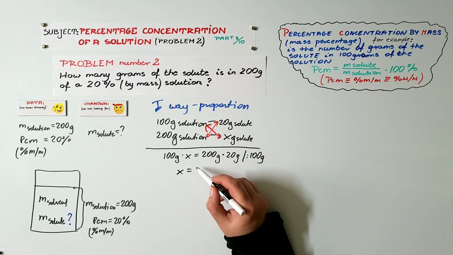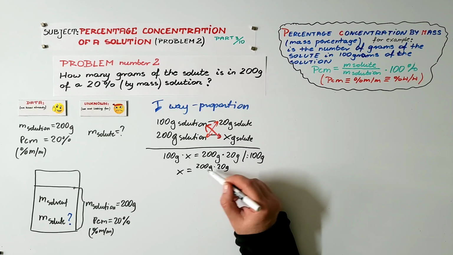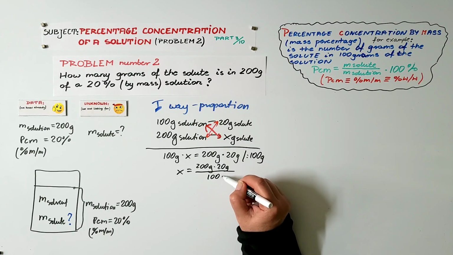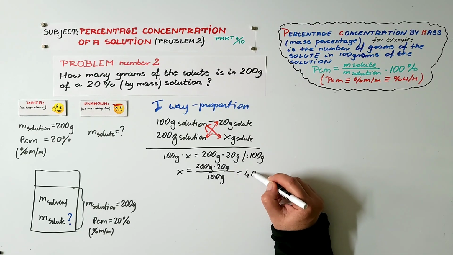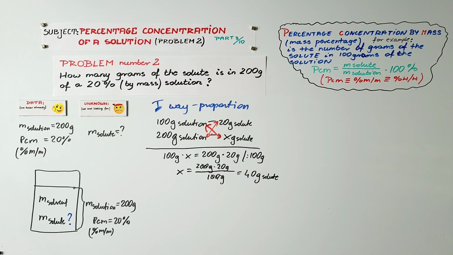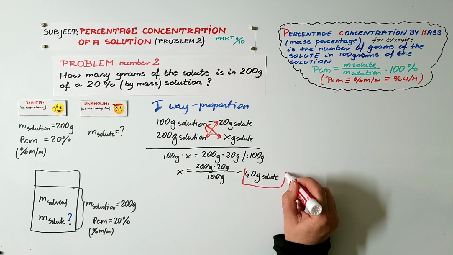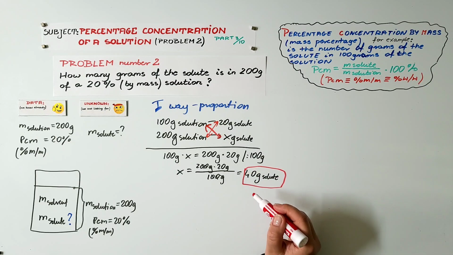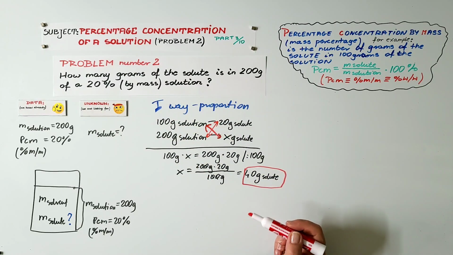So X equals 200 grams times 20 grams over 100 grams. So equals 40 grams of solute. So 40 grams of solute, this is answer for this problem. In 200 grams of a 20% by mass solution is 40 grams of solute.